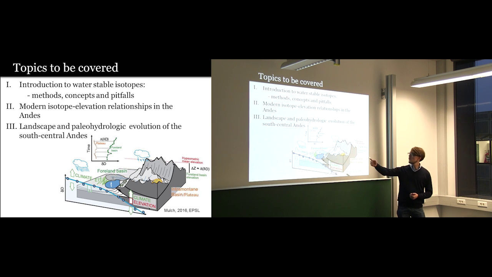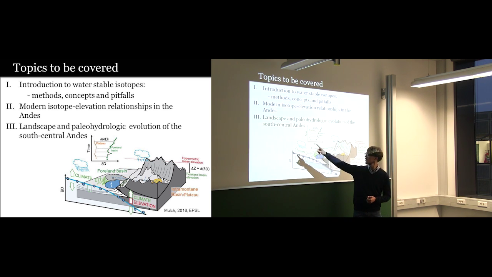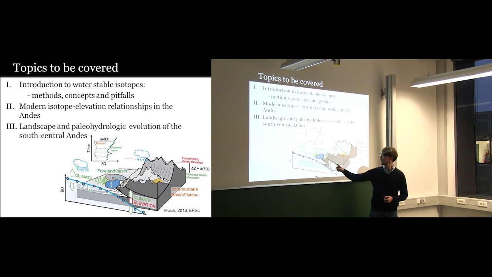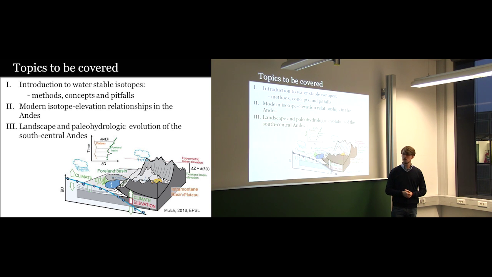Here below you have a very nice diagram of, in a nutshell, what we did. We first defined the modern relationship of delta D versus elevation. Here on the x-axis is elevation, and you go up in elevation into the orogen. Then we used stream water stable isotopes, which are these points here, where we looked at the isotopic composition of the stream water at different elevations.